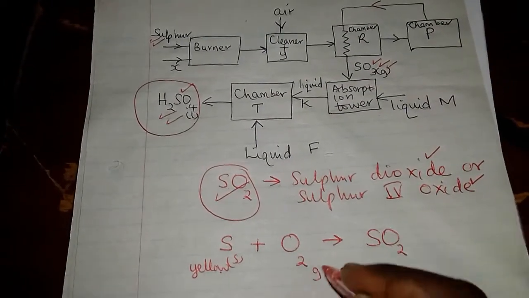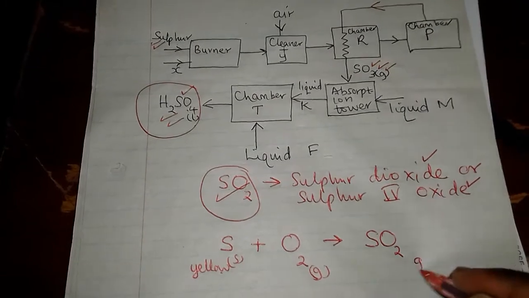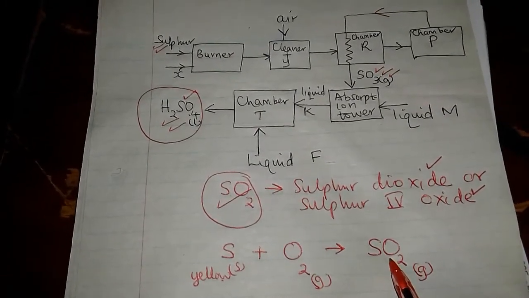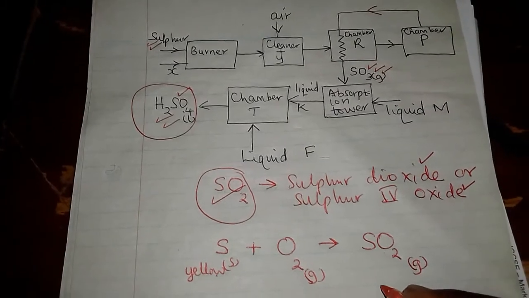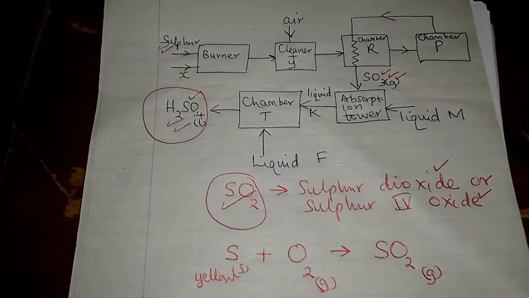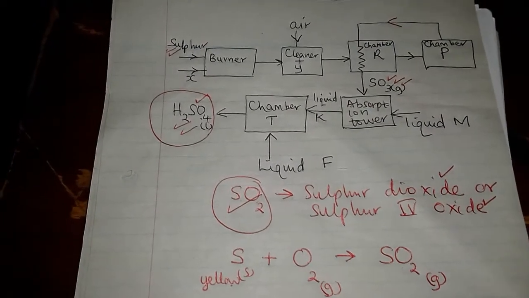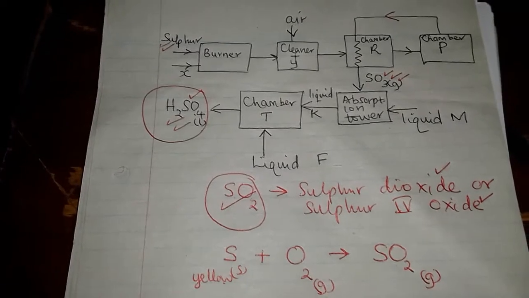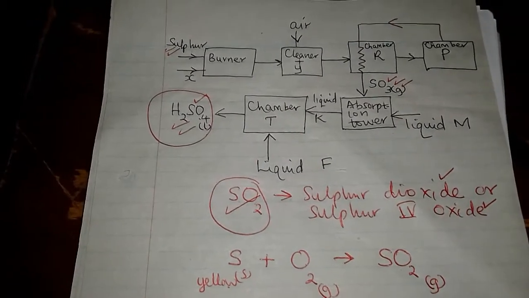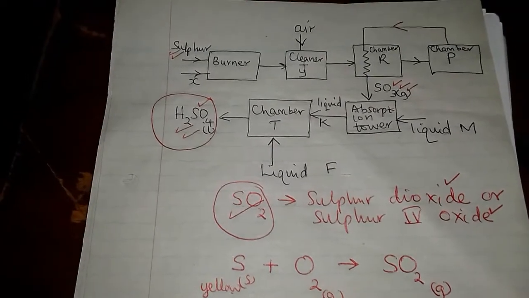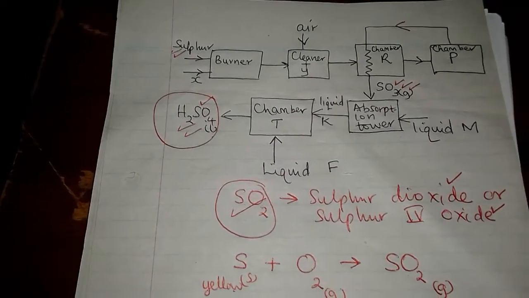So this is a gas, and this one is also a gas. Good. It's a colorless gas which has the ability to cause choking, what we call a choking and irritating smell. It is an acidic gas. That is to mean when it gets dissolved in water, it gives an acidic solution that can turn a moist blue litmus paper to red.